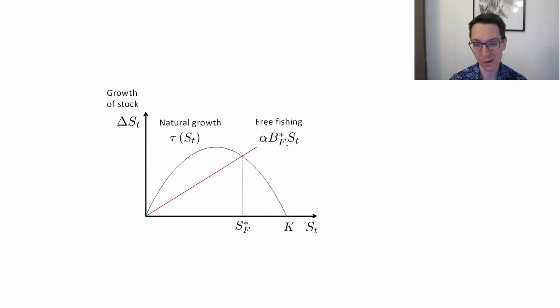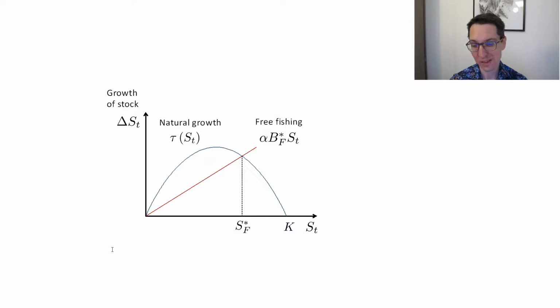Well, as you can see, it's simply a linear function of the stock of fish. So the more fish in the ocean, the more catches there are going to be. And so I can just draw this red line here. The catches, so the slope is alpha B star F.